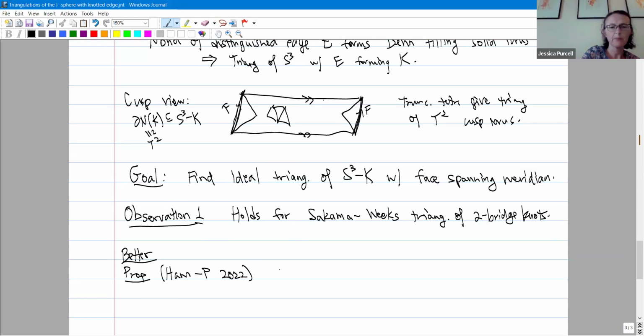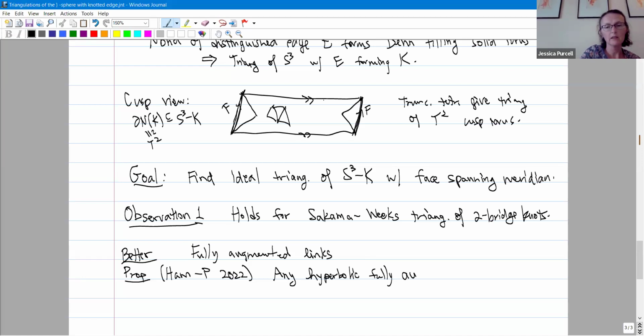We're going to use fully augmented links. So let me write fully augmented links. And I'll say a little bit more about what those are in a moment. But in my paper with Sophie, we showed that any hyperbolic fully augmented link admits a triangulation with a face spanning a meridian.